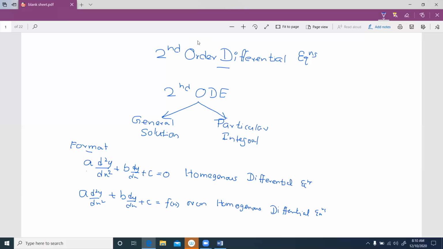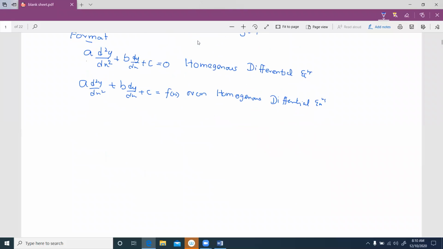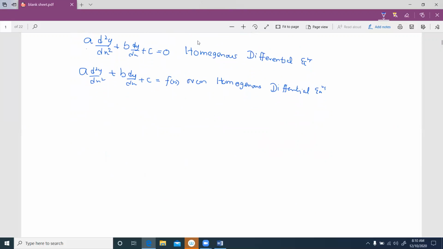Anyway, let's see how to solve them. Initially we start with homogeneous differential equations and see how to do it. Afterwards we will come to non-homogeneous differential equations.